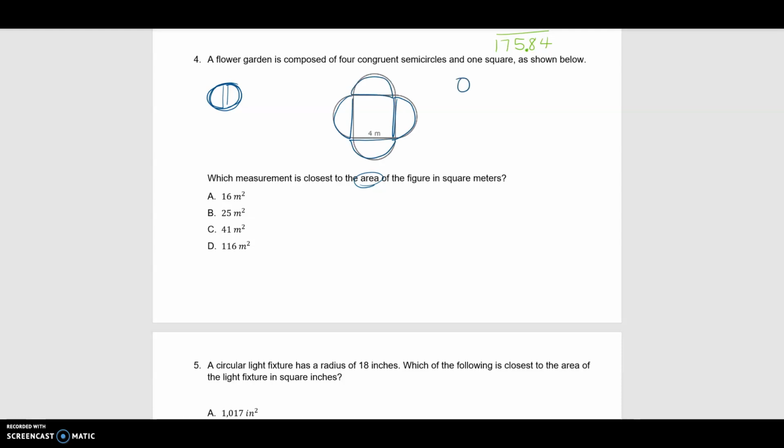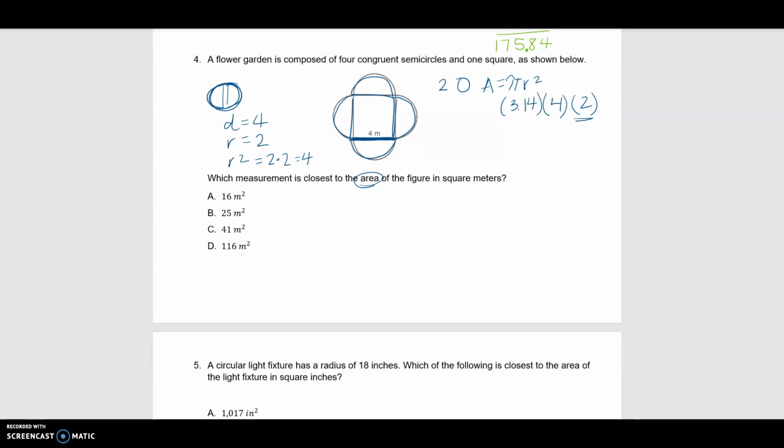So look at that, I have 2 circles, and if I'm doing area, I know I'm going to do equals pi r squared. So I have 3.14 for pi, and my radius squared. So the 4 is going all the way across the center of the circle. So that means my diameter is 4, which means my radius is 2. My radius squared is 2 times 2, which is 4. So 3.14 times 4. And then there's 2 circles.